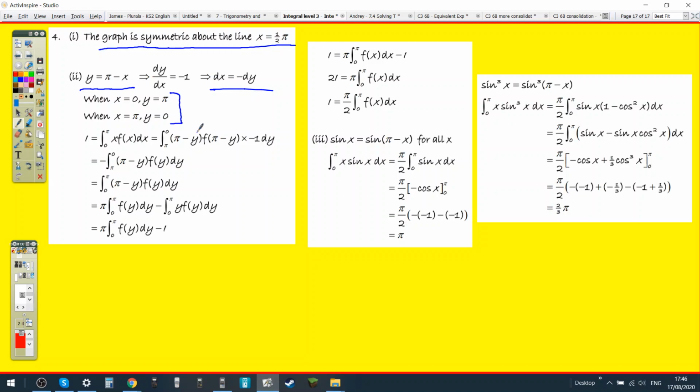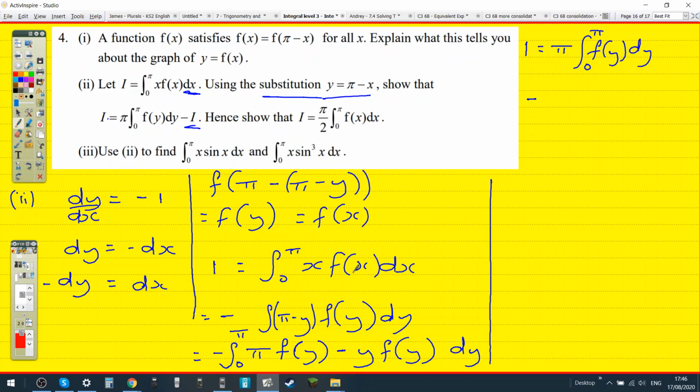You know what I did, like, the last two steps? They did pi minus y, f of y, dy, and then kind of split them. Looks like a combination of my parts, but I'm not sure.